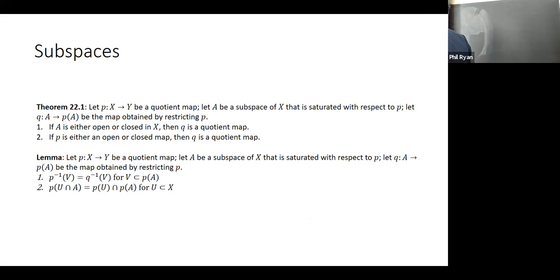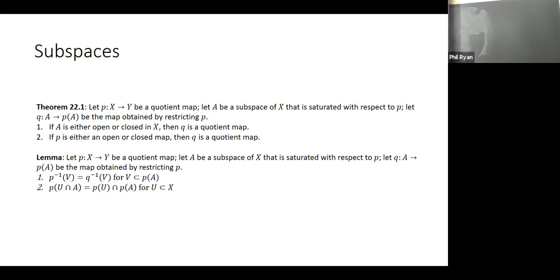And let Q be the restriction of that map to our subspace A. Then it's always going to be true that the inverse image of any subset of the image of A doesn't matter whether you look at it under the quotient map or under the restriction map.